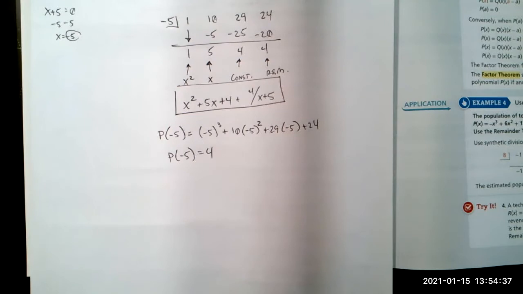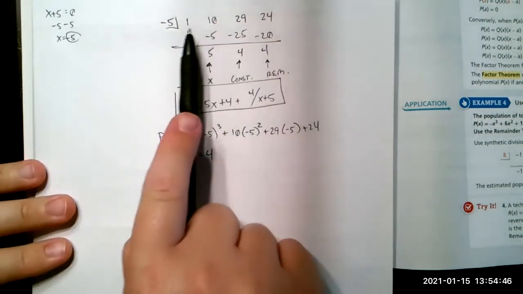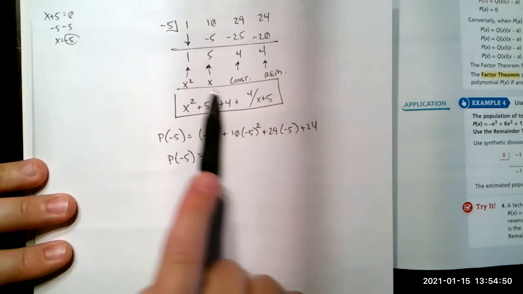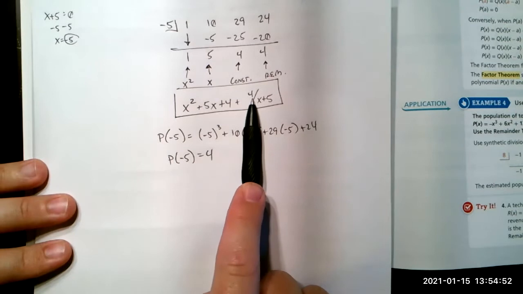So, you know, it depends on the problem they're giving you. Sometimes it's quicker to answer a very specific question doing one versus the other. But just understand that if I take that cubic, I synthetically divide it by -5, it'll give me that quotient with my remainder.